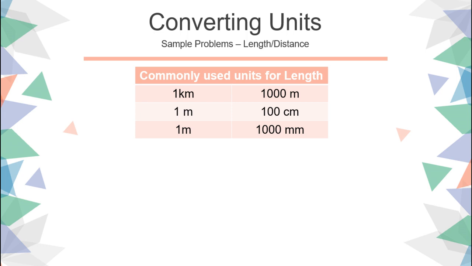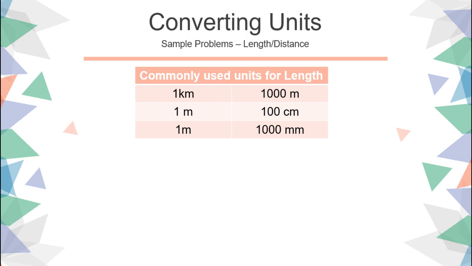Centimeter is very short, for objects within our reach. Millimeter is very tiny, but it is still used, especially in the study of small things, organisms, or whatever involves small dimensions.